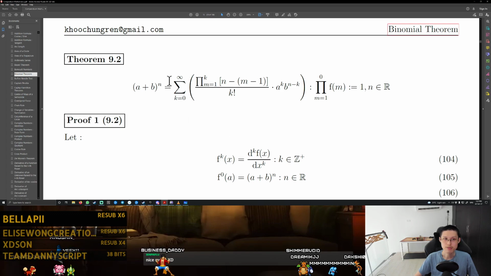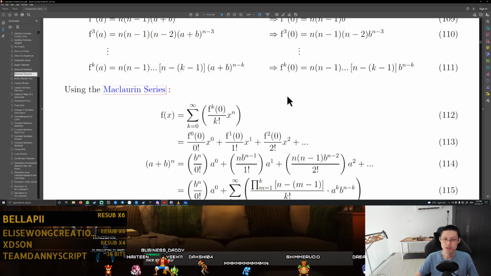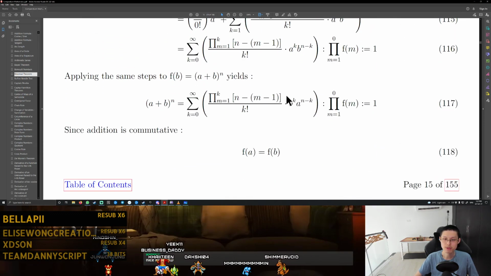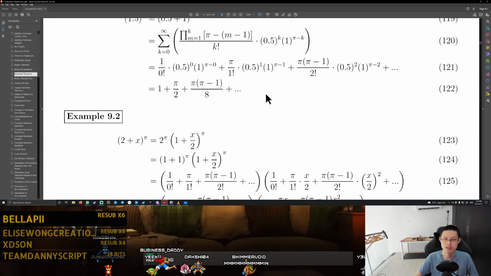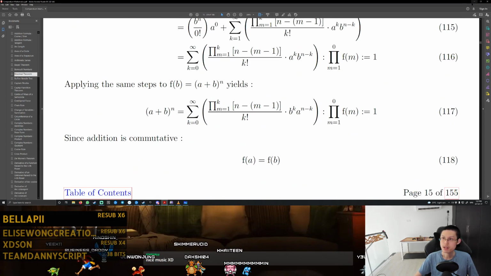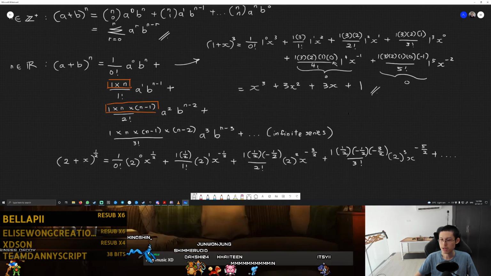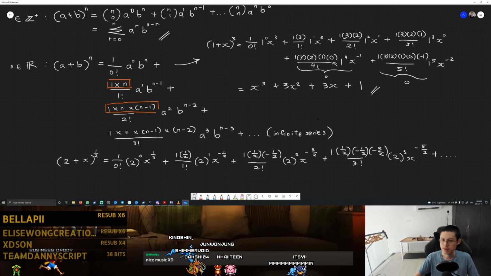If you want to do that for the non-integer value thing, the expansion never ends, and instead you get a product. And eventually you get the general binomial expansion formula, and you can use that for some examples down here. Yeah. But anyway, this is not in your syllabus, so you don't have to worry about this. But in case you're curious, that's where it comes from.